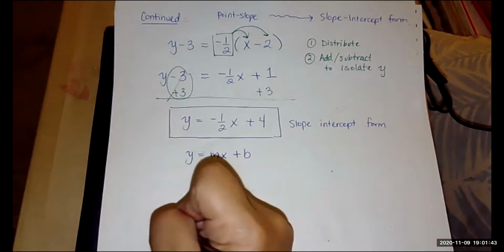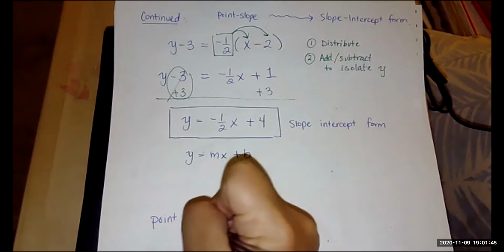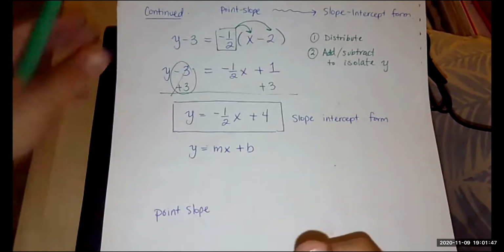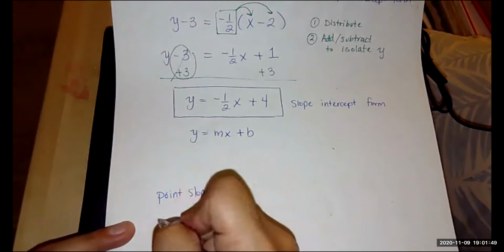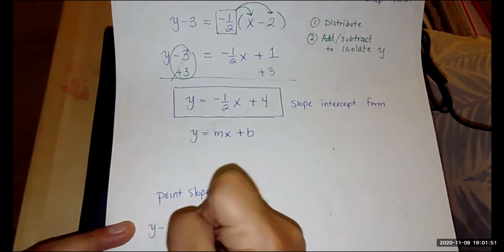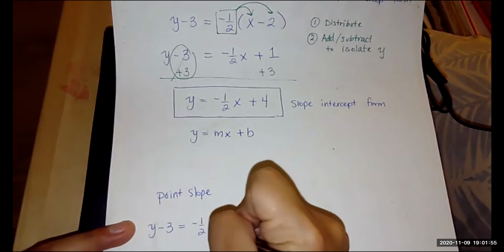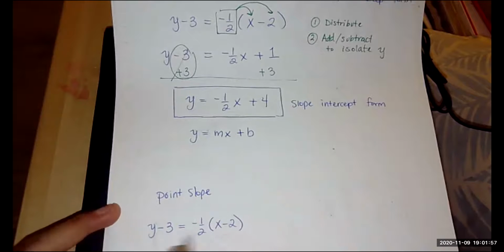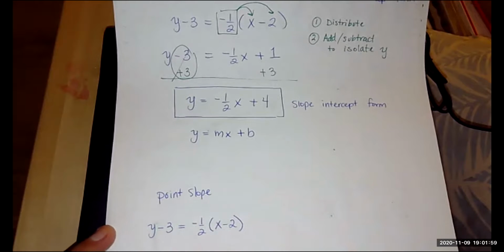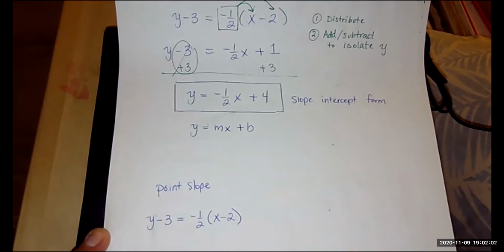So what I'm saying is that you have point slope form here, which basically can take any point that's not the y-intercept, and this can give you the equation. This equation can give you all of the points that fall on that line that we graphed earlier.